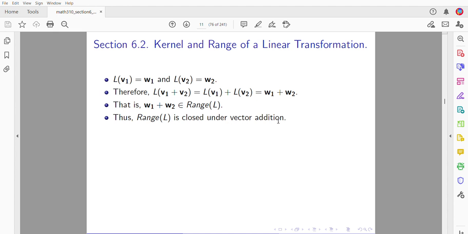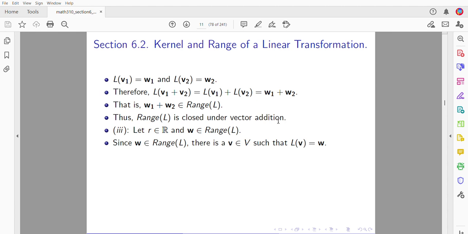Third, let's take any real number R and any W from the range. W is in the range means what? W is image of somebody. That is, there is a vector V in V such that L of V is W. Then, what is L of R times V? L is a linear transformation, so it respects scalar multiplication. R comes out.